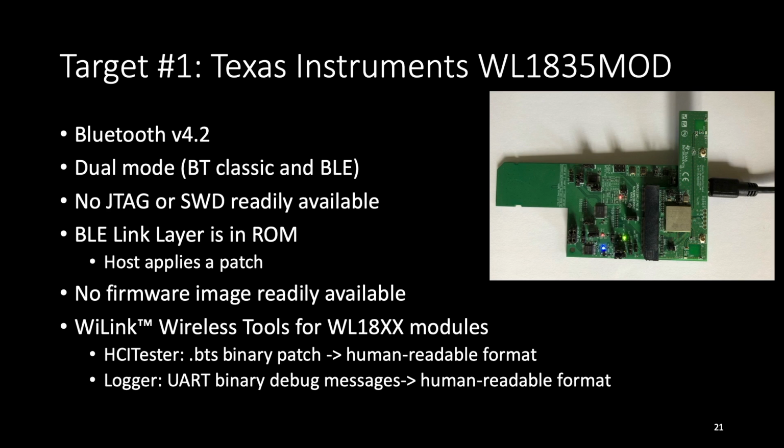Also, in this chip, the BLE link layer is baked into ROM, which means the end product that uses this chip will have the same ROM contents as this development board. And to patch functionality bugs or security vulnerabilities, the host or end product uses a TI-provided patch and redirects control flow into different new code.